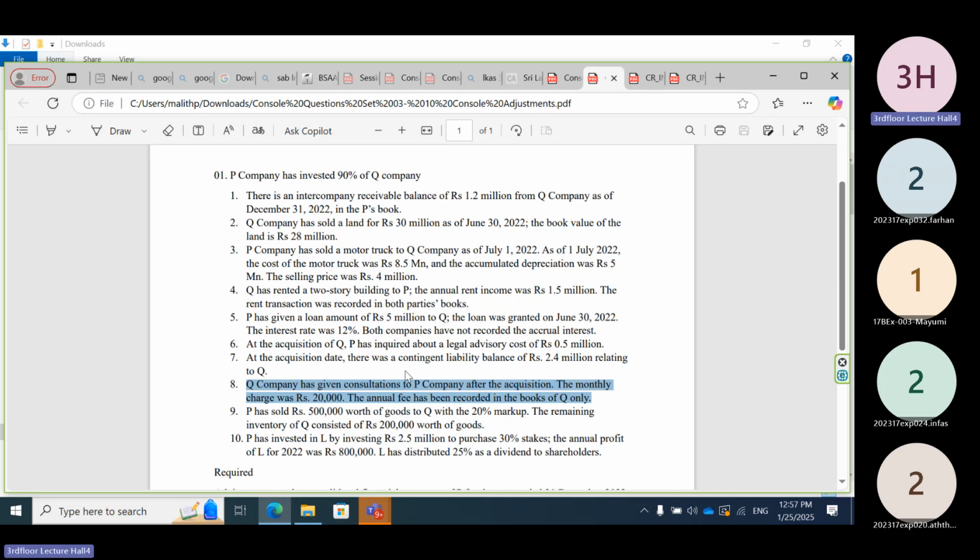So then this is a very common adjustment, right? Normally we need this segmental information. Once you are doing segmental information, we have segment transactions, inter-segment transactions.